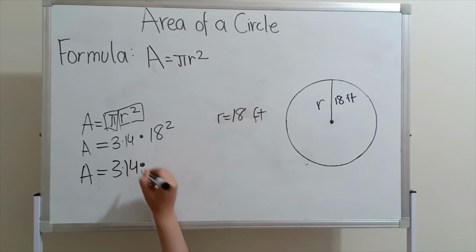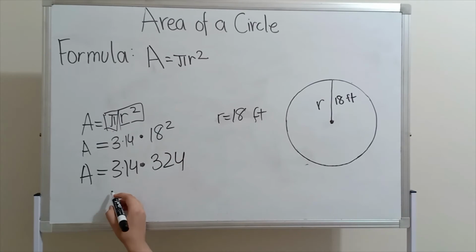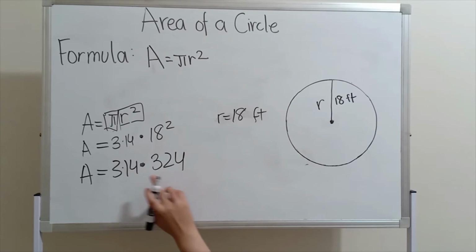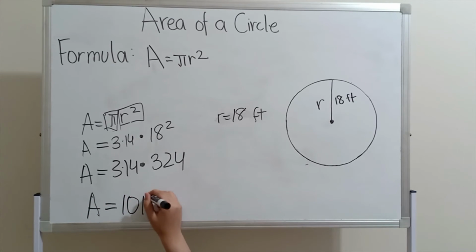3.14 times, and we are going to multiply 18 by itself 2 times, or 18 squared, and we will get 324. Now we are just going to multiply it by 3.14, and we will get the area as 1017.36.